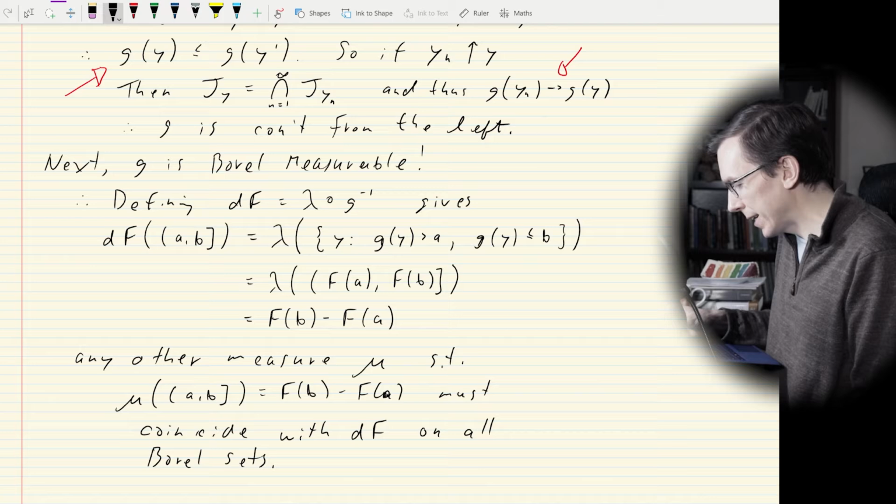This gets back to the same uniqueness theorems that we proved before.